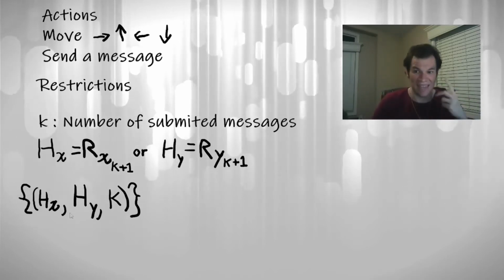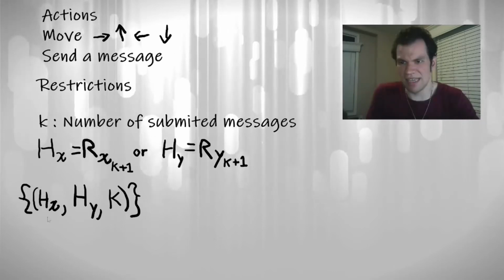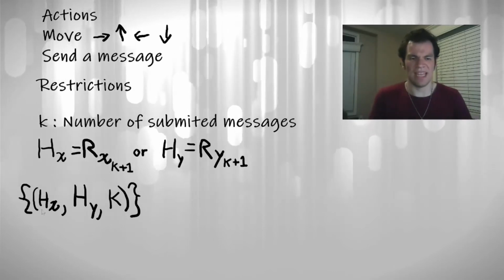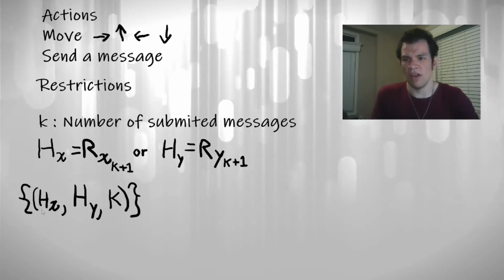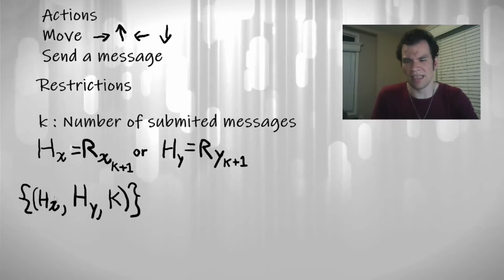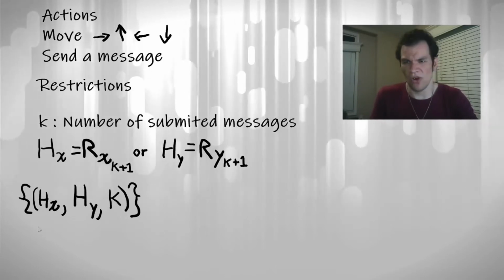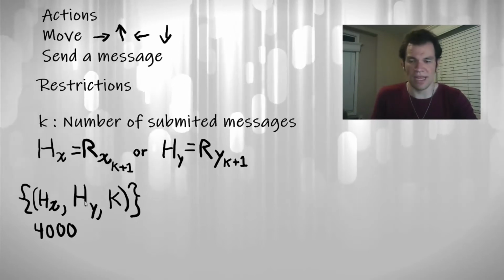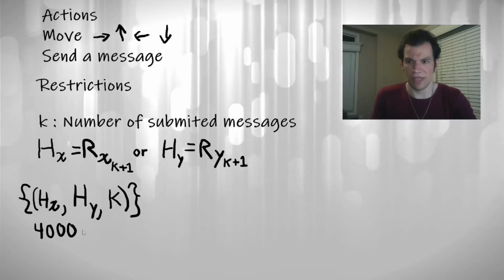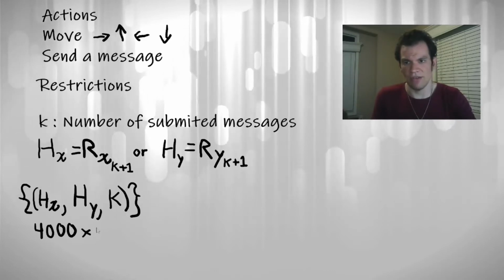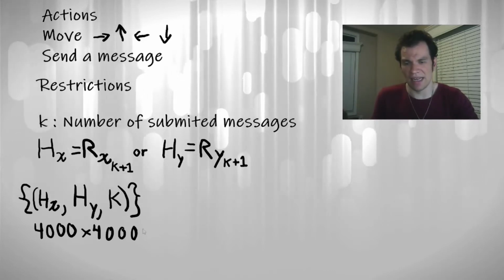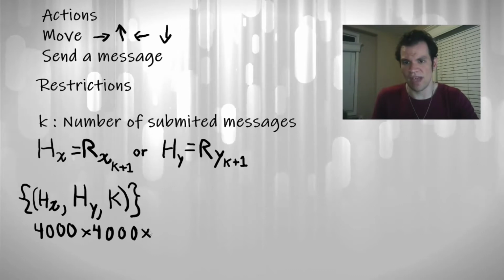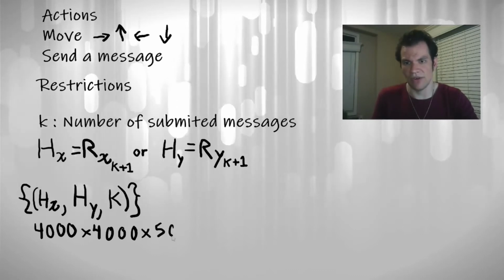But is that feasible? Let's check how big it is. From the description of the problem, this can have up to 4,000 different values. This other one also can have 4,000 different values, and K can have up to 5,000 different values.